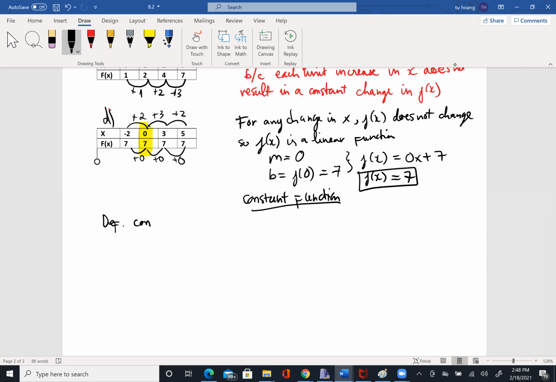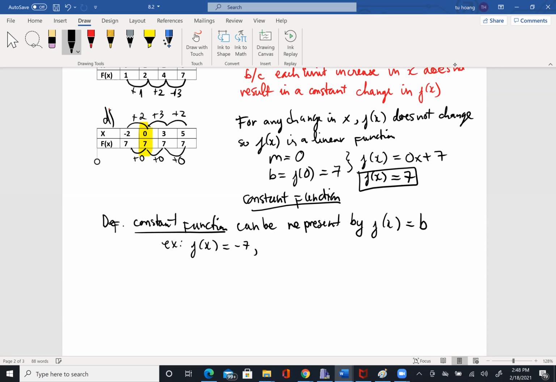A constant function can be represented by f of x equal to b, and for example, f of x equal to -7, or f of x equal to 2, something like that, right?